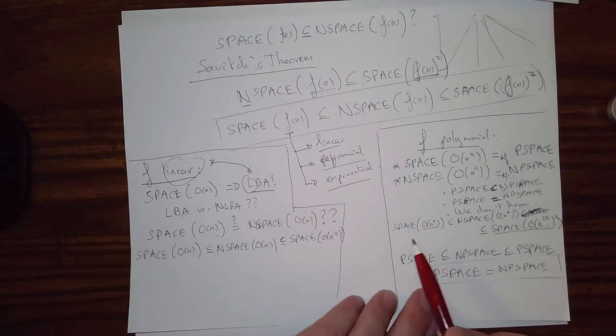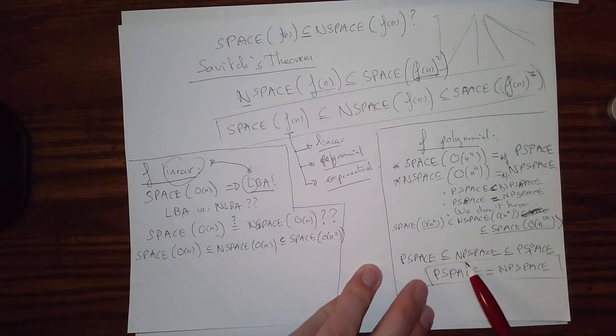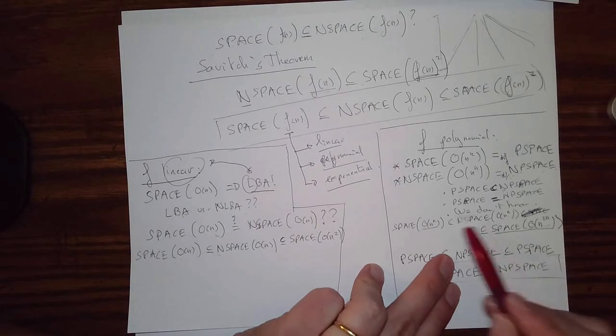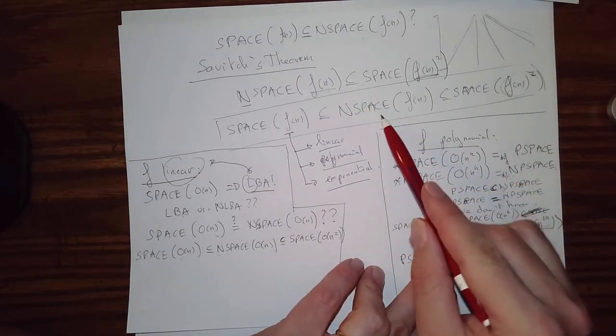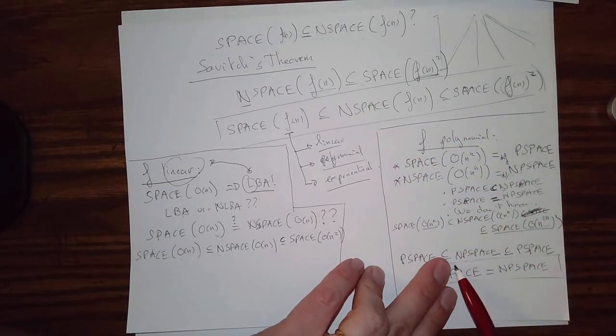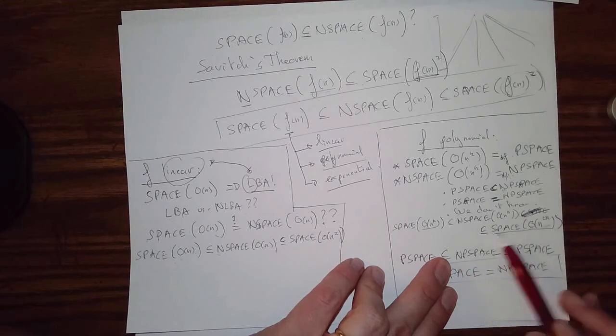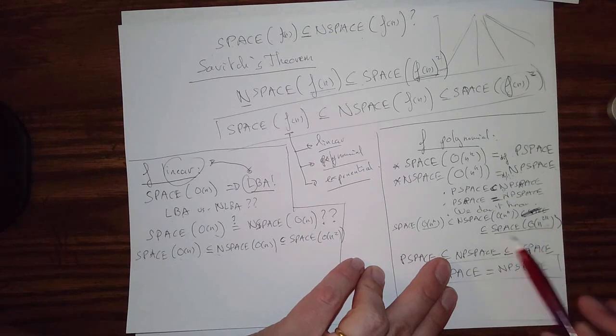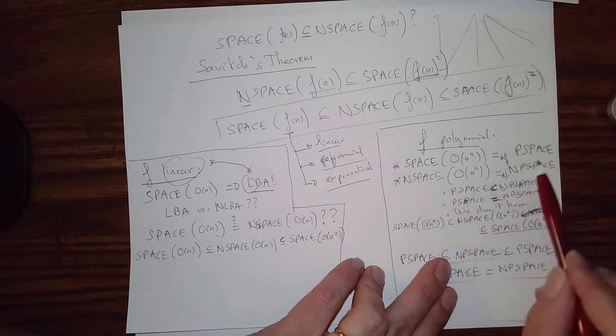We know that NPSPACE is at least as big as PSPACE, right? But because of Savitch's theorem, we see that NPSPACE is at the biggest PSPACE, because space of O of n to the power of k, to the power of 2, is n to the power of 2k, which is also polynomial. So if it's polynomial, this belongs to PSPACE.